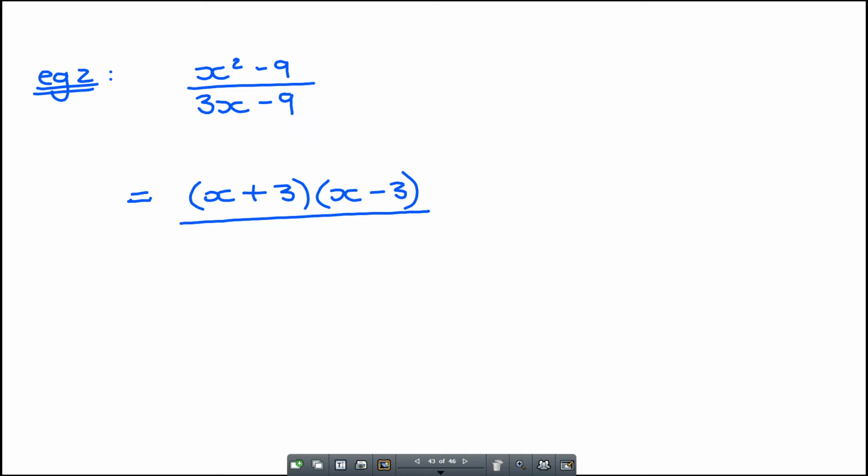So you run through those three. Can I get a common factor? If not, maybe it's a difference of two squares. If it's not that, maybe a trinomial. Common factor: I can take out a common factor of 3. So if I take out a common factor of 3, how much would be left of the 3x? Just x. Minus 9, taking out a common factor of 3, will be minus 3.